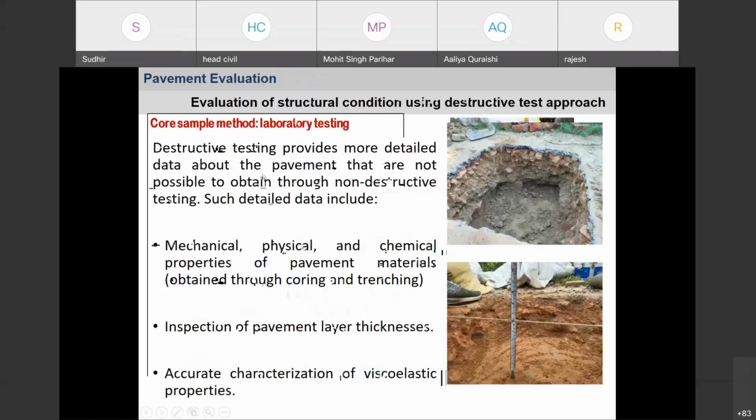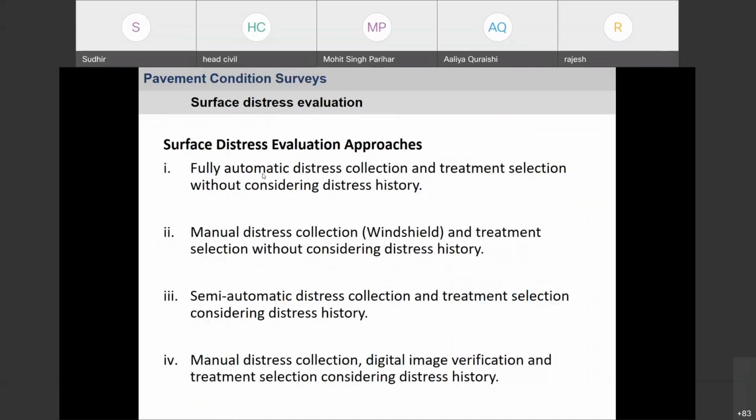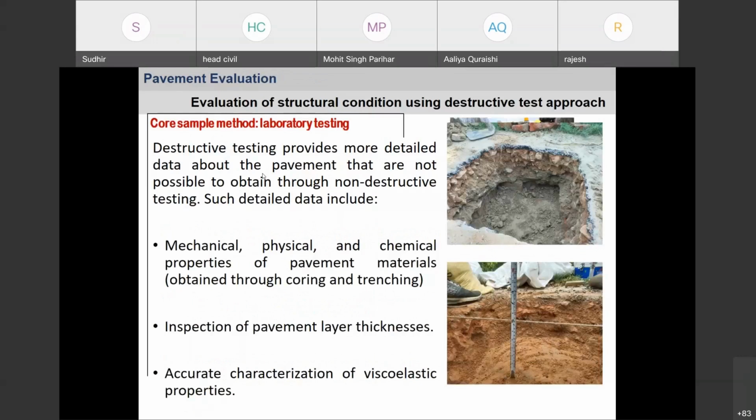So you understand, hopefully now, surface distress evaluation. Now I want to talk about evaluation of structural condition. Okay. So when I'm talking about evaluation of structural condition, I may talk about a destructive approach, or I may have another approach which could be non-destructive, right?